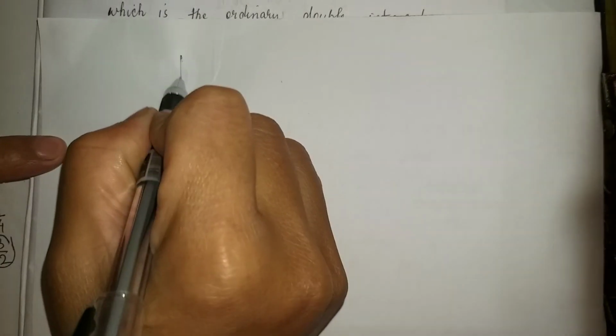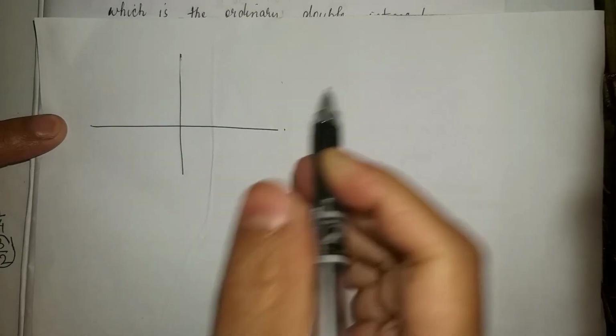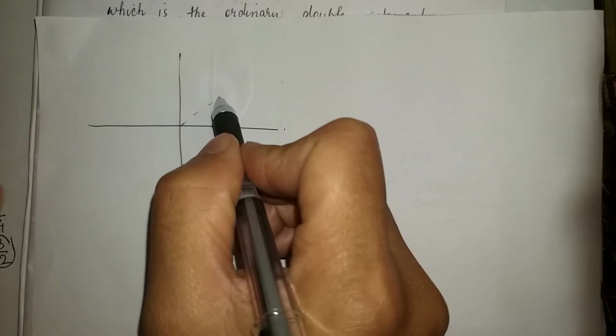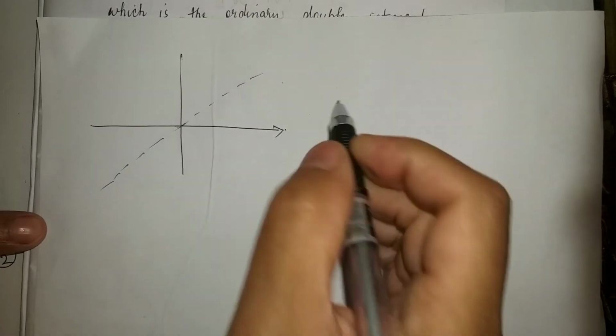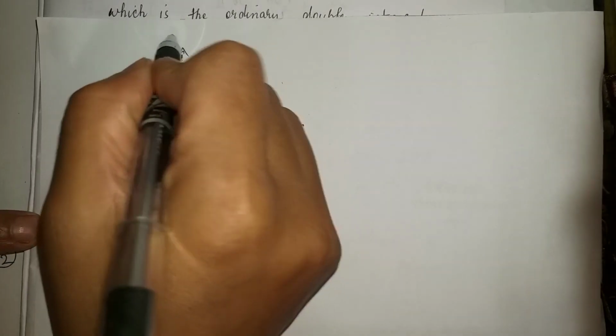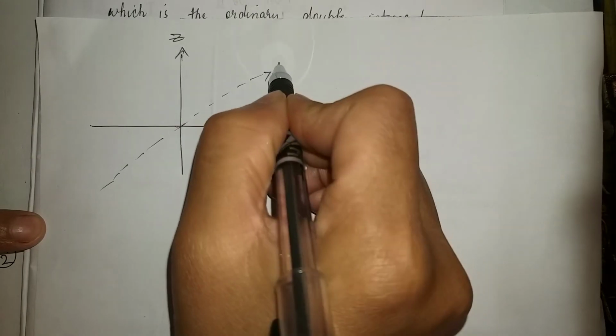Let me draw S. If this is the x-axis, this is the z-axis, and this is the y-axis.